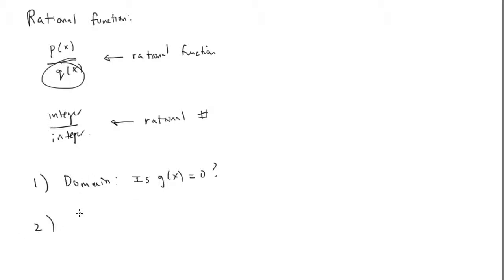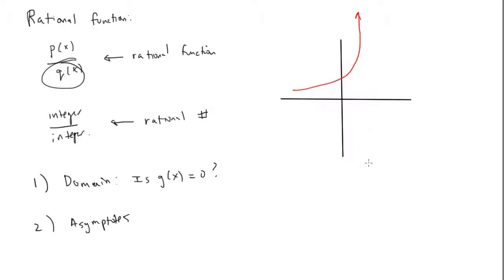Now, graphically, these things oftentimes have asymptotes. So what one of those will look like, we'll make a quick sketch over here. Let's say here are our coordinate axes, and our function looks something like this.